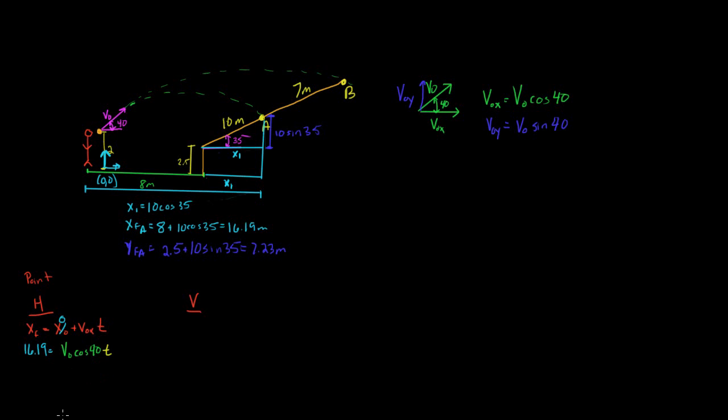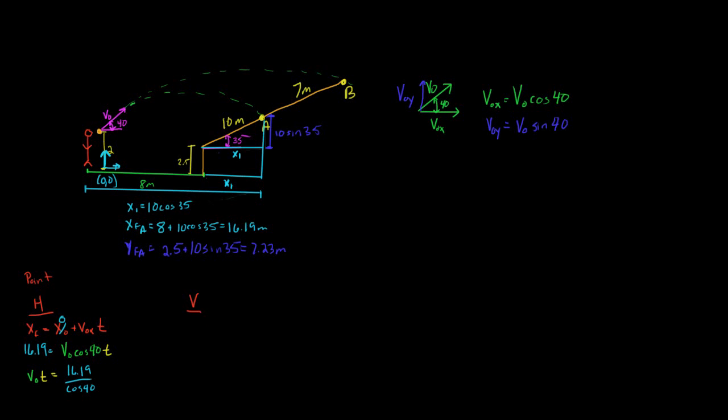However, we can solve for v naught t, and we get v naught t is equal to 16.19 divided by the cosine of 40. We're going to use this later, when we use our vertical equations.